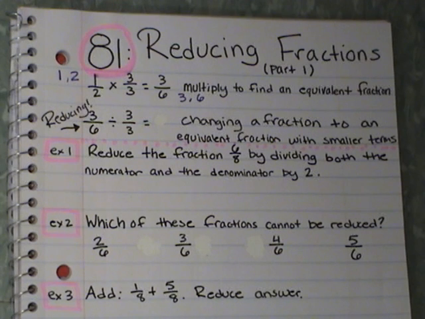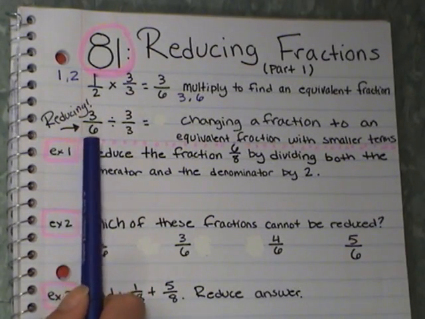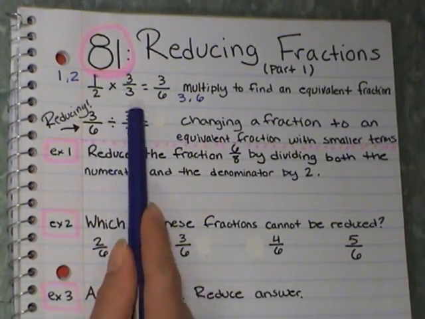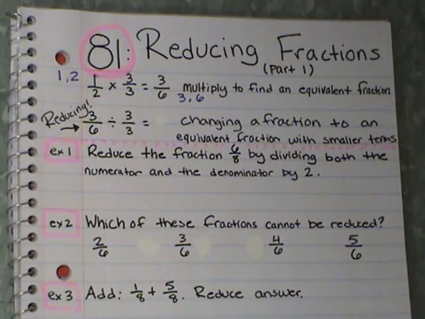When we reduce fractions, we're going to divide by a fraction that's also equal to 1, just like we multiplied by a fraction equal to 1. So here, we are changing our 3/6 by dividing by 3/3, which is technically 1.